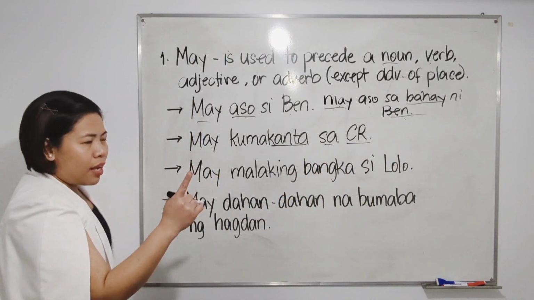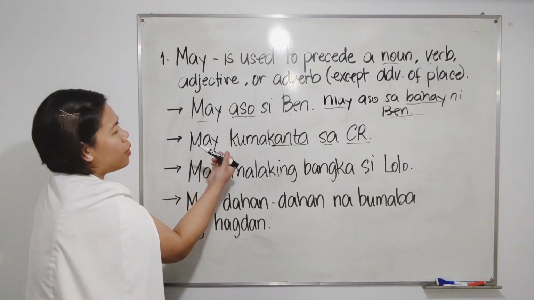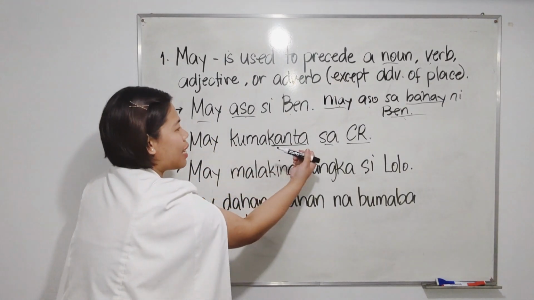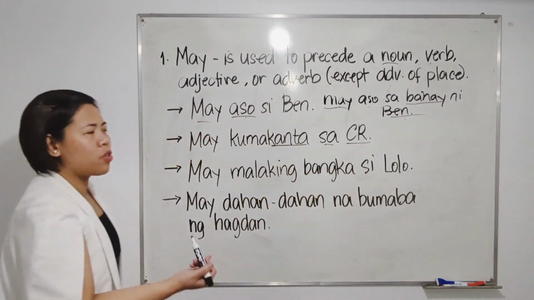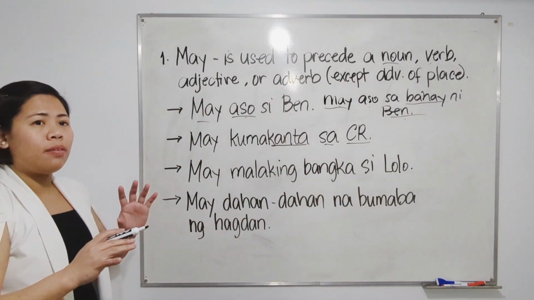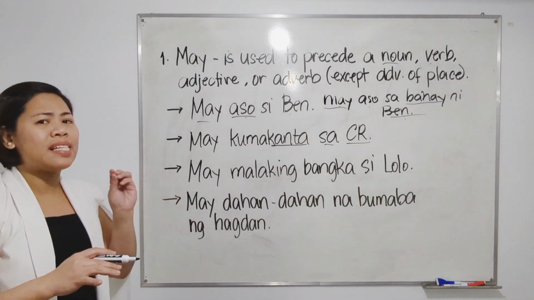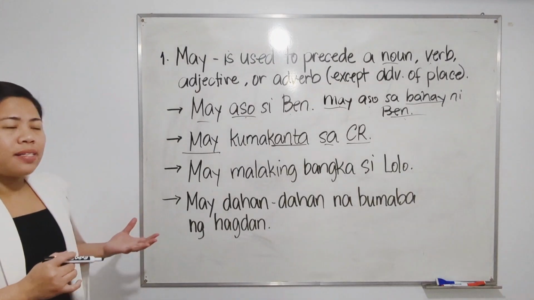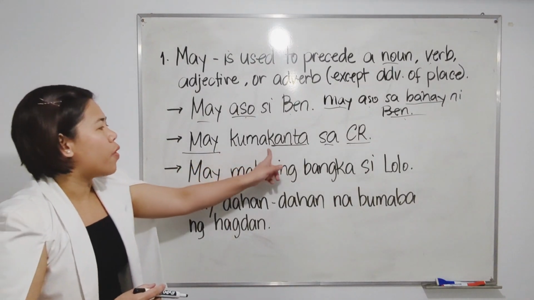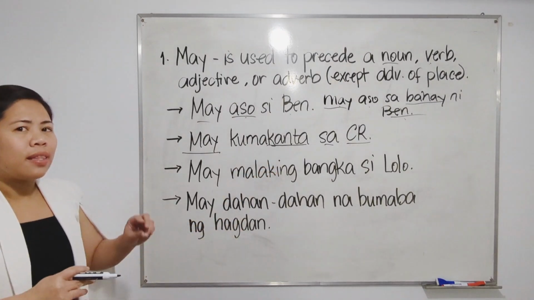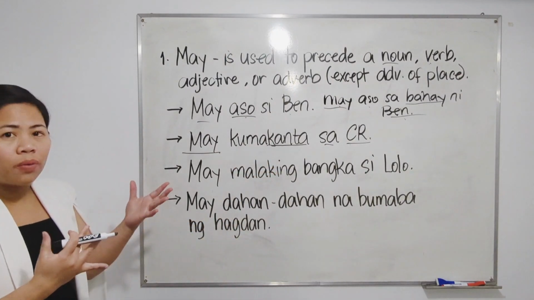Well, in English, you would say there is someone singing in the washroom. There's someone singing in the washroom. But in the Tagalog language, we don't say someone. When we use this, there is, and the verb would suggest that someone is doing the action already.